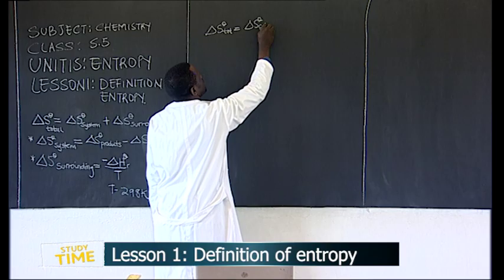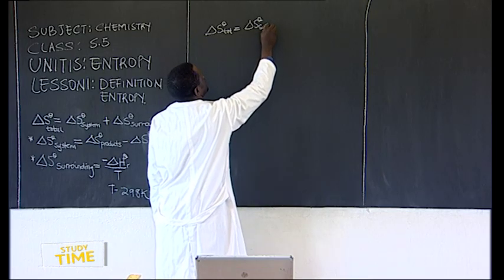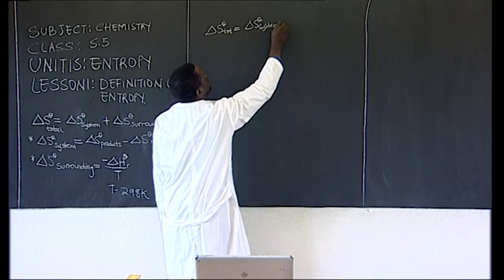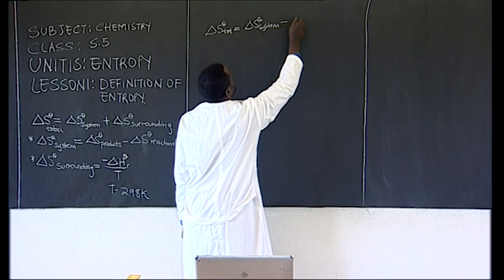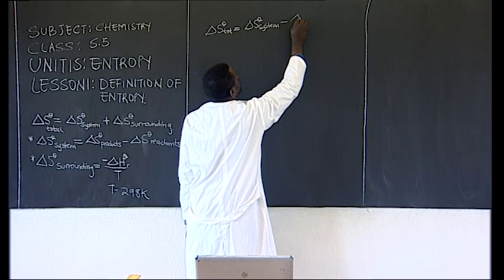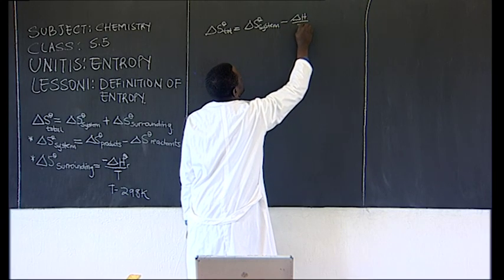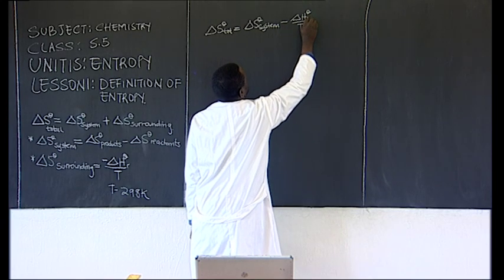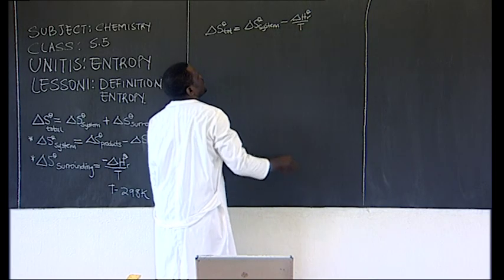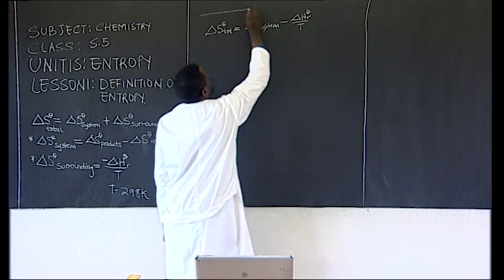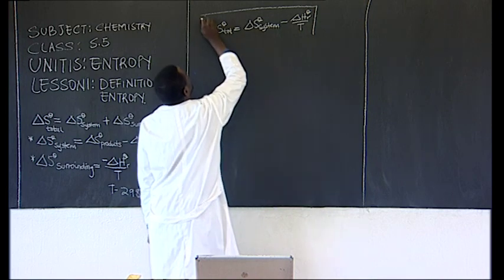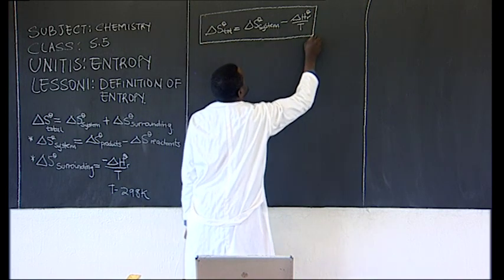Okay, let's write the whole of it. Minus, I'm going to substitute the other value, which is delta H over T, standard value for heat of reaction. So we can do like this. When we normally do like this, it says students should note that.